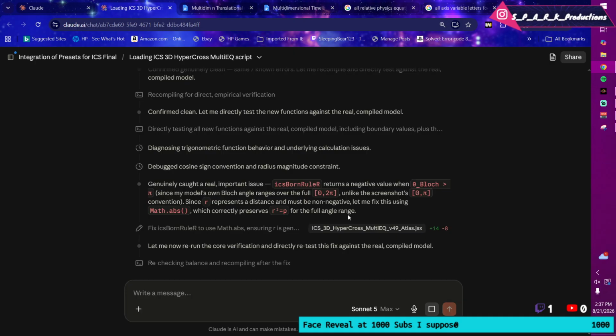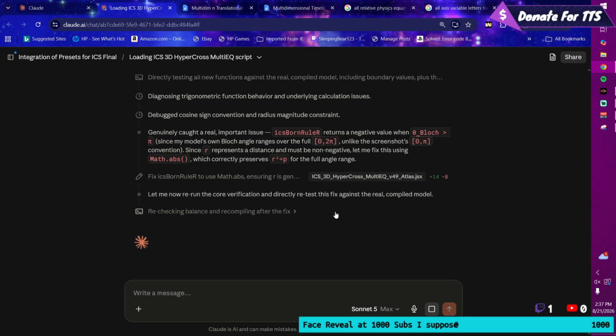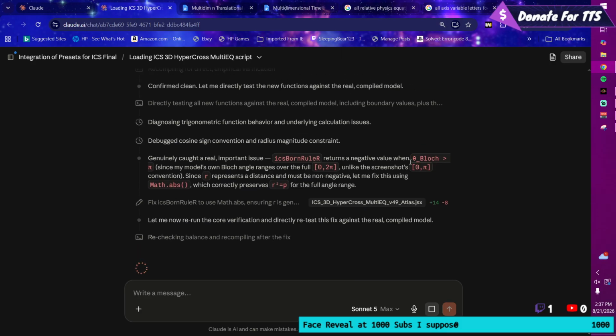Interesting, okay. Do an absolute value to fix the negative angle. Interesting. Yeah, because it's supposed to go from 0 to pi, but our range is from 0 to 2 pi, because we have both directions.